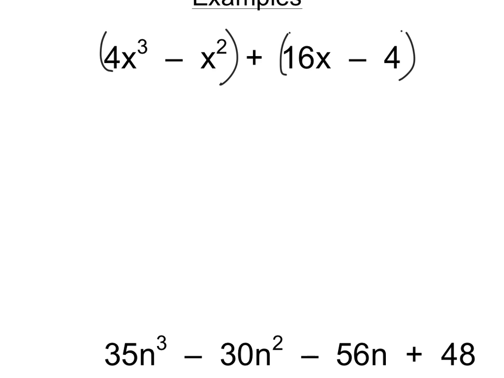Now I need to figure out what these have in common. First of all, what's the biggest number that goes into 4 and 1? That happens to be 1, so there really is not a number. Do these both have x's? They do, so I'm going to use a GCF of x squared. When I take out x squared, 4 divided by 1 is 4, so I put a 4 in here.